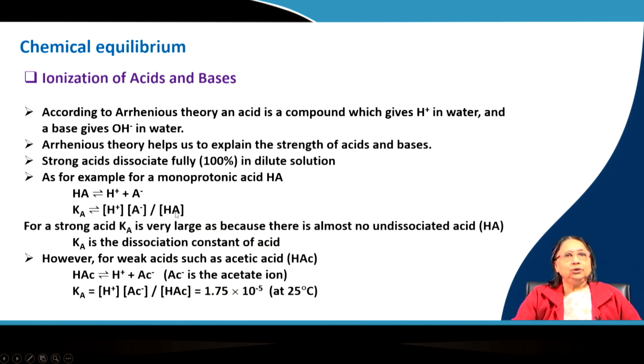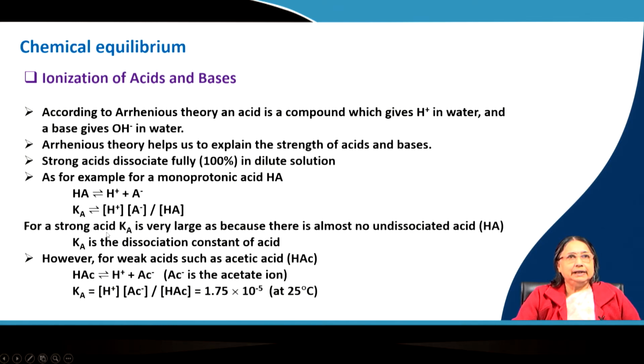Now, what will we infer if the Ka value is very high or low? For strong acids, the Ka value is very large, because there is almost no undissociated acid in case of strong acids.